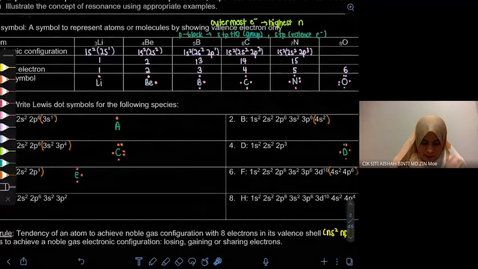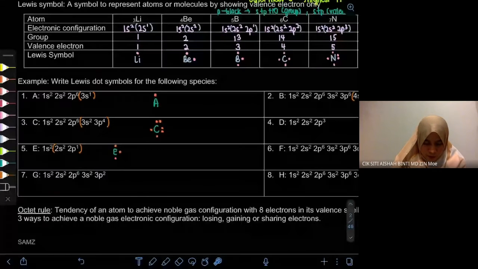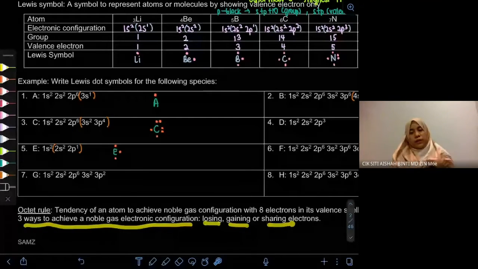Okay, yang ini dia kata kat bawah ni, kenapa zoom out? Okay. Last one, kita kata there are 3 ways to achieve noble gas electronic configuration: losing, gaining or sharing electron. So macam mana nak capai noble gas configuration method lah. Yang ni kita akan belajar dengan gain tu ataupun share.